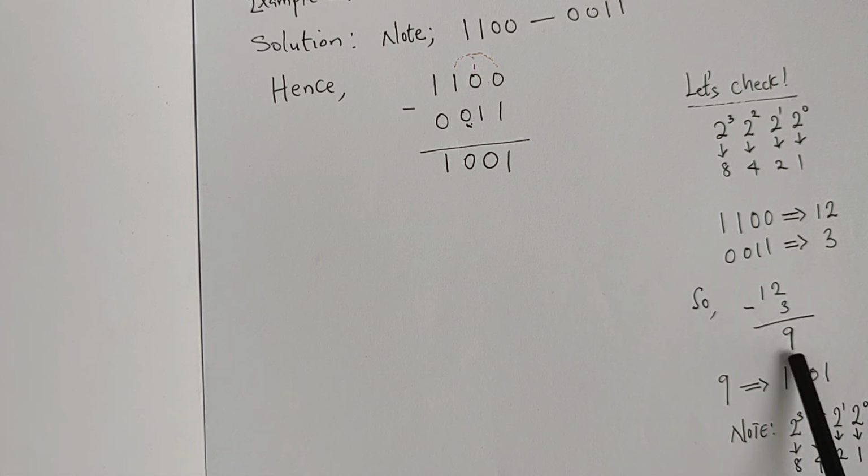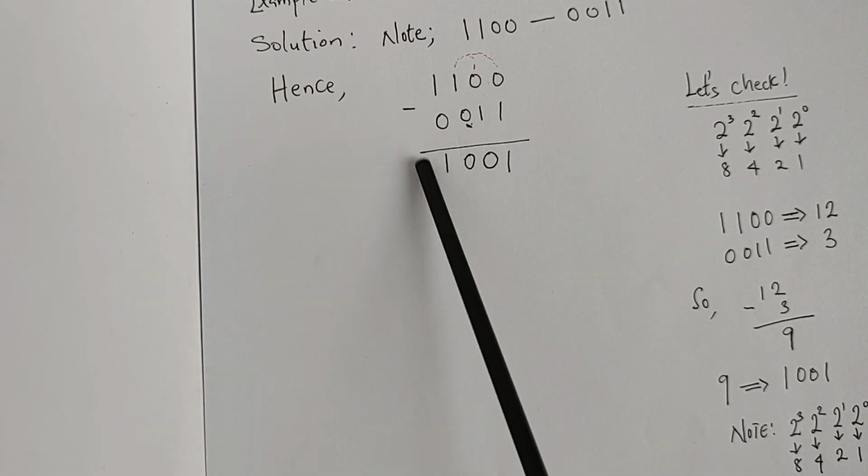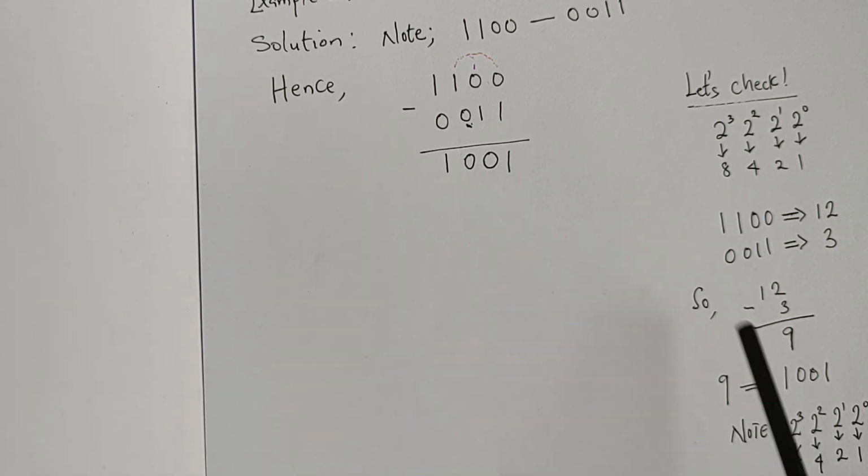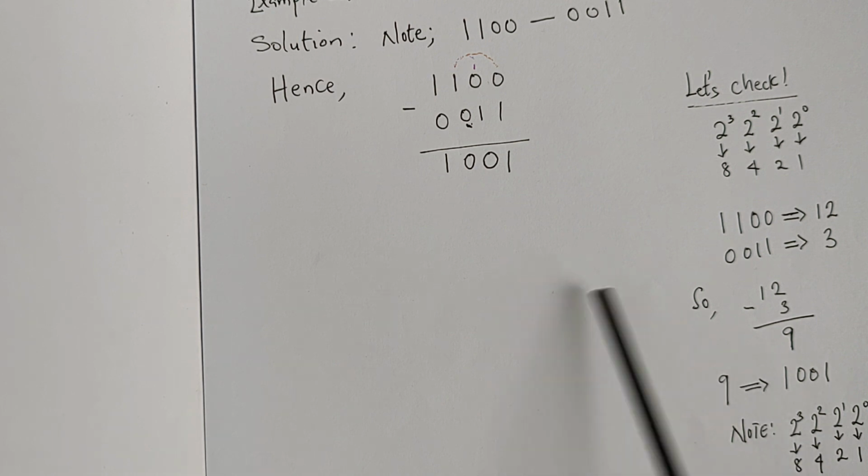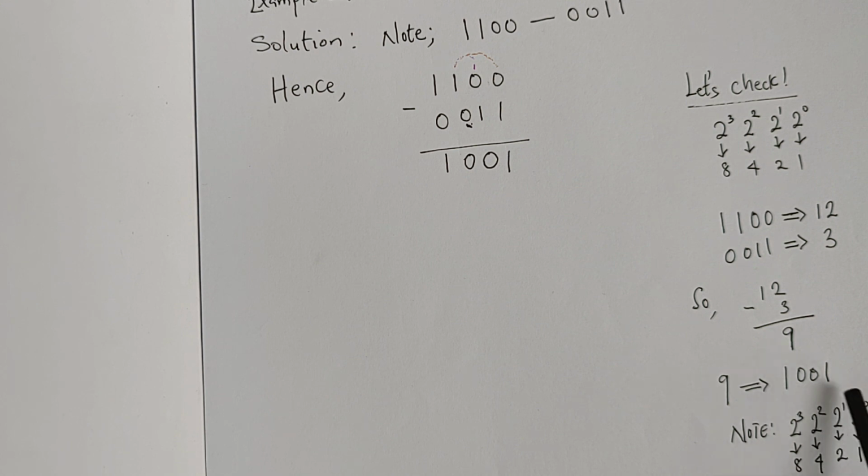Now let's see if 9 in decimal is equivalent to what we got in binary as 1001. Using the direct method, since we have 4 bits, we're going to use raised to power 3, and this is quite straightforward. It means we're going to have 8, 4, 2, 1. Where you have 1, 8 is present, 4 and 2 are absent, and 1 is present. When you sum both together, 8 plus 1 gives us 9. So this operation that we have done is absolutely correct.